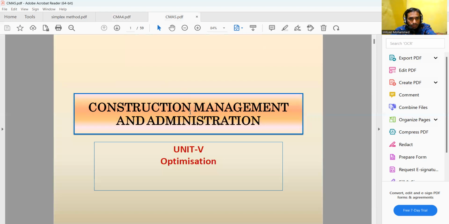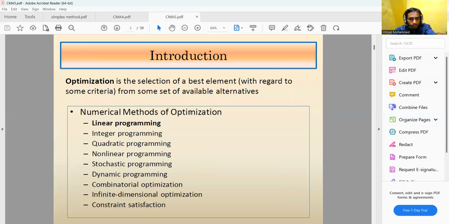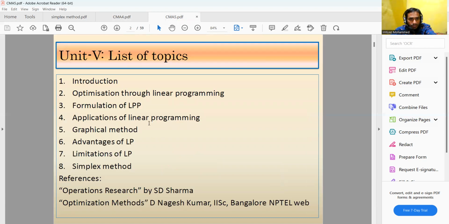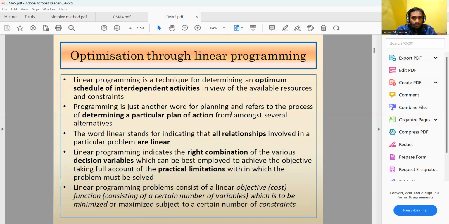Then you have unit 5, which is optimization: linear programming problem or optimization. Optimization is a selection of the best element with regard to some criteria from a set of available alternatives. So we are basically looking at optimizing the resources here. Linear programming is a technique for determining an optimum schedule of interdependent activities in view of available resources and constraints.